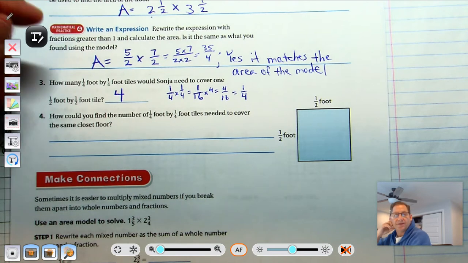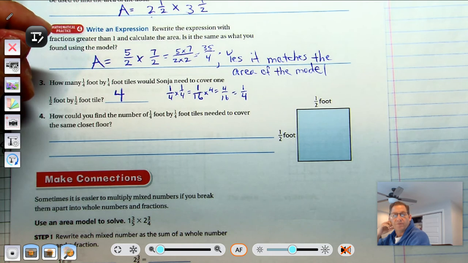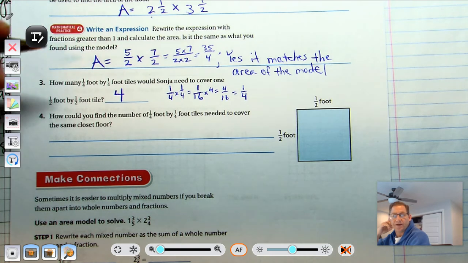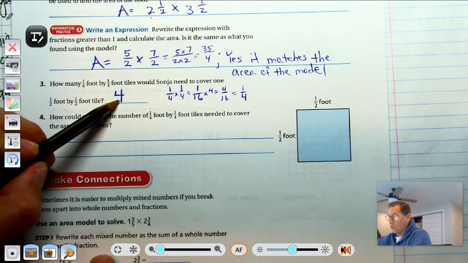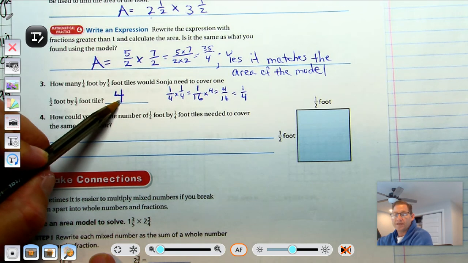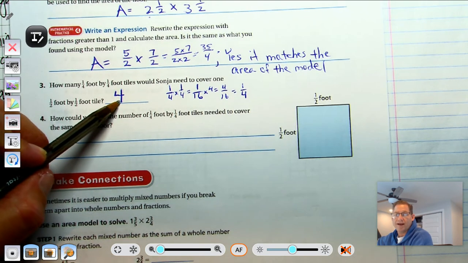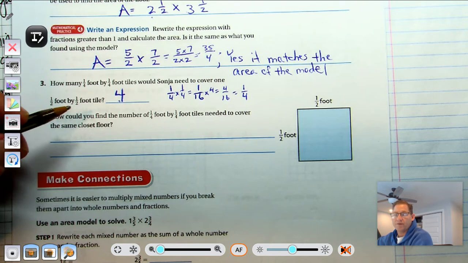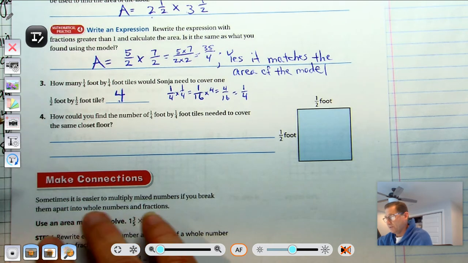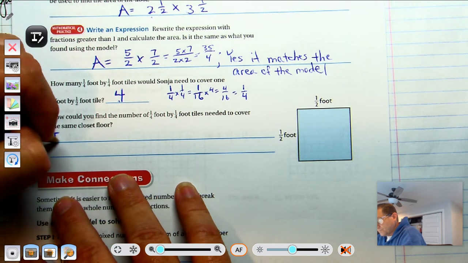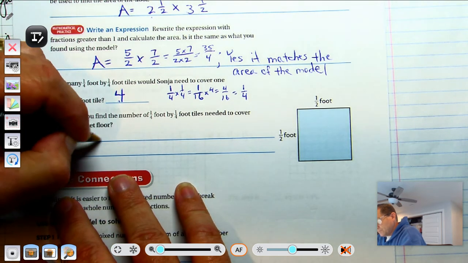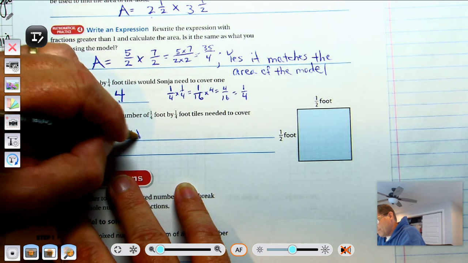So 4. How could you find the number of 1/4 by 1/4 foot tiles needed to cover the same closet area? Well, if it's going to take us 4 tiles to equal just one of the 1/2 by 1/2, I'm just going to multiply the 35 1/2 by 1/2 foot tiles by 4.